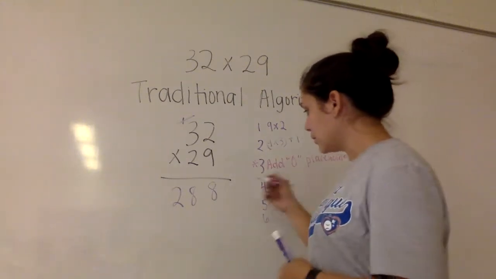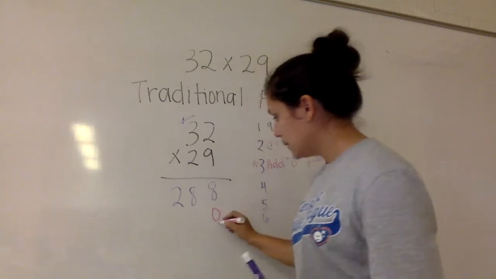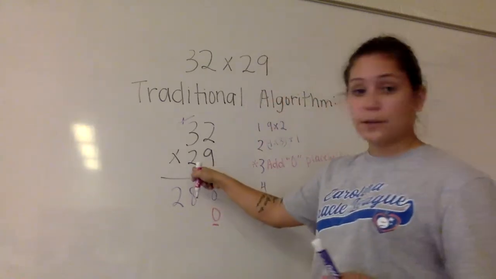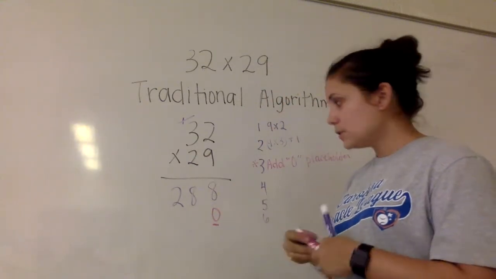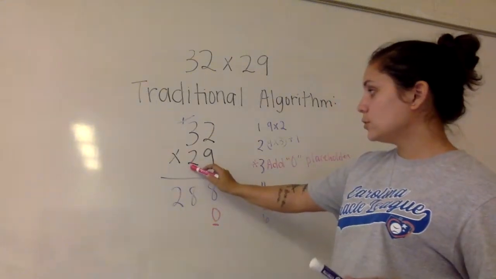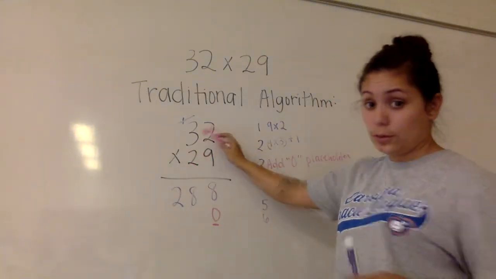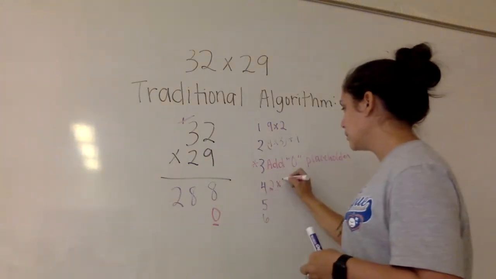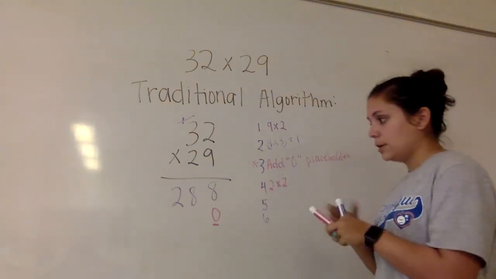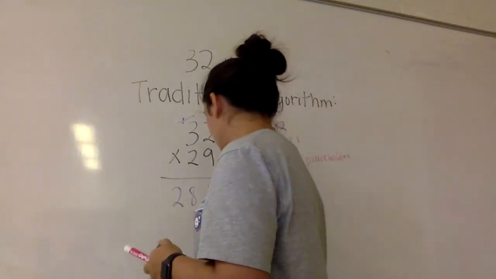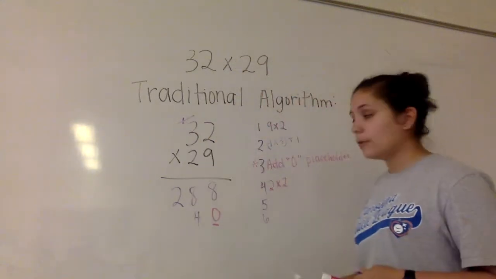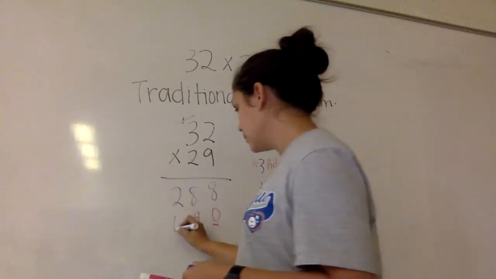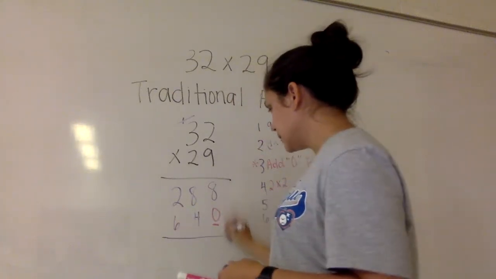So I'm going to go ahead and do this in pink. This is your placeholder because you're in the tens column now. So I'm going to start with your 2. 2 times 2, because you've already put your placeholder, which we know is 4. We have nothing to carry over. 2 times 3, which we know is 6.